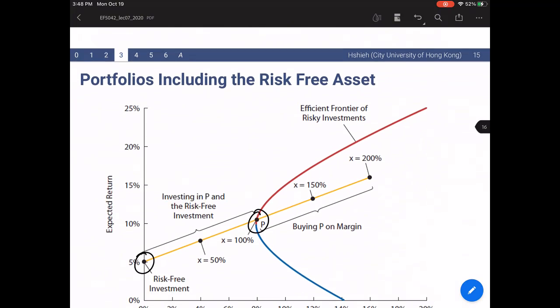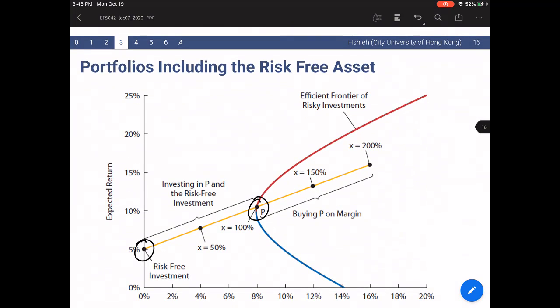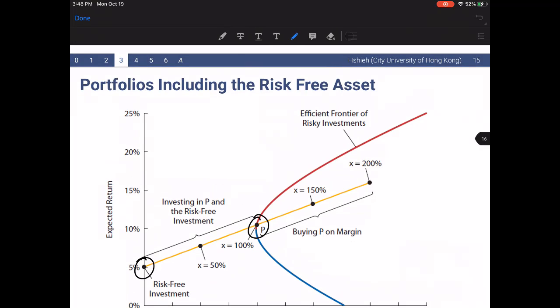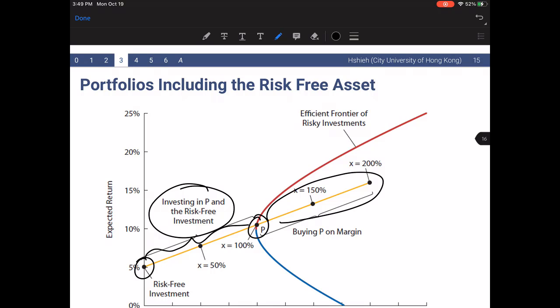That's represented by this yellow line here. What should be interesting is that in this part of the yellow line, what we are actually doing is investing positive weights in both the risk-free asset and the risky portfolio. But once we get to this part of the portfolio, we are leveraging. That means we are borrowing money from the risk-free asset and investing in the risky asset.